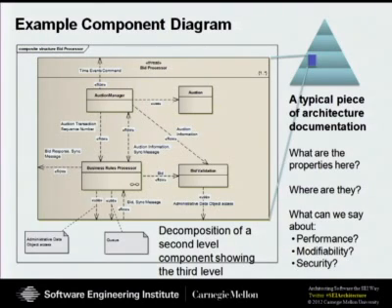I don't know. Is it modifiable? Well, maybe I can say a little bit. It looks like this one box with lots of arrows going in and out. That is probably complicated to change. Maybe that might be not that modifiable. But that's all I can say.